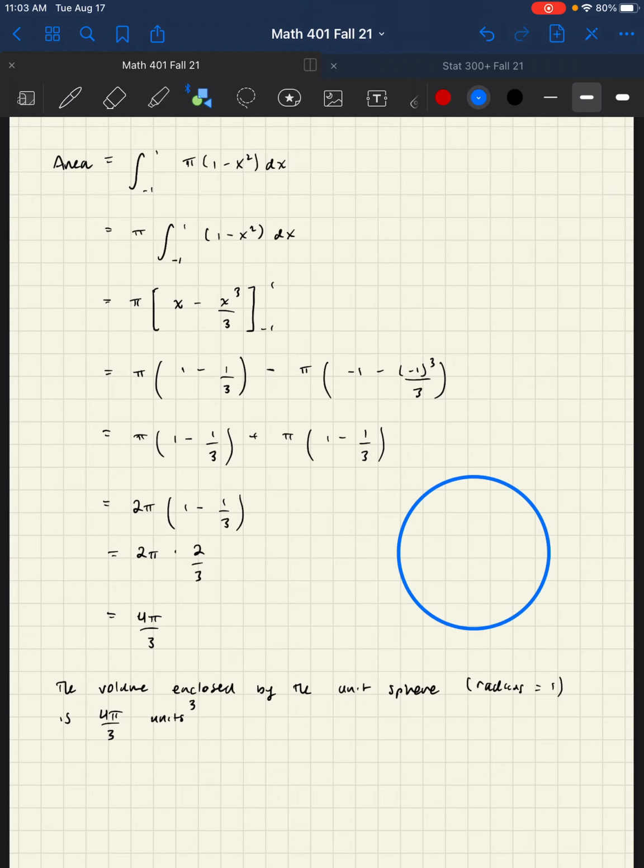And how we did this is we just took the unit sphere, and we took things that looked like the cross section here. We took things that looked like this, which are just, of course, circles, okay? And we added all those areas up.